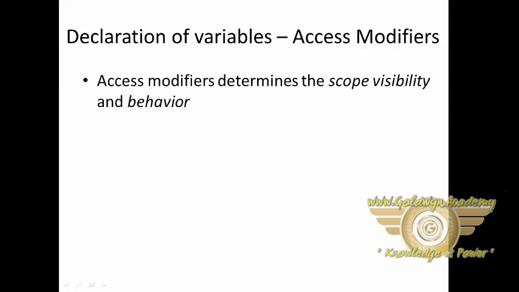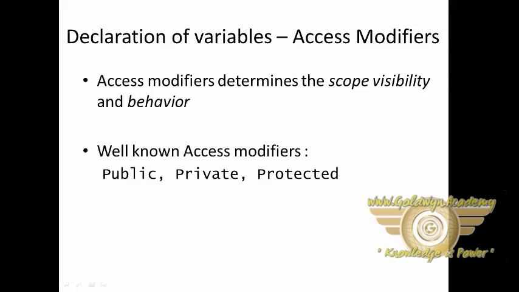The second method is declaration of variable using access modifiers. Access modifiers determine the scope, visibility and behavior. Don't worry, we will learn about them later in this course. There are some well-known access modifiers. If you are coming from an earlier programming experience, you know them.